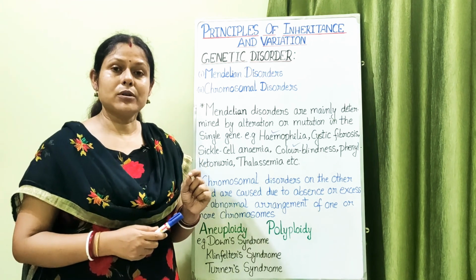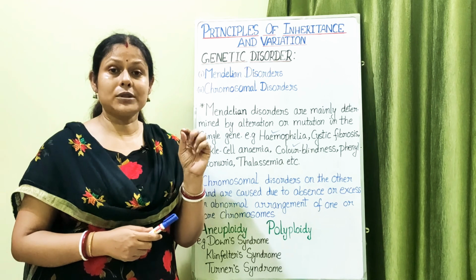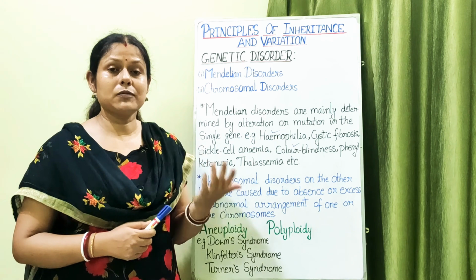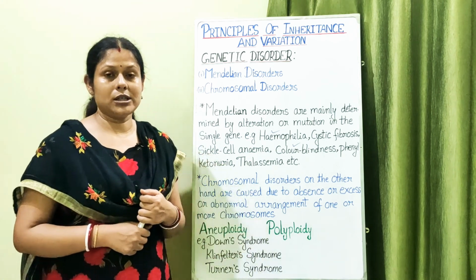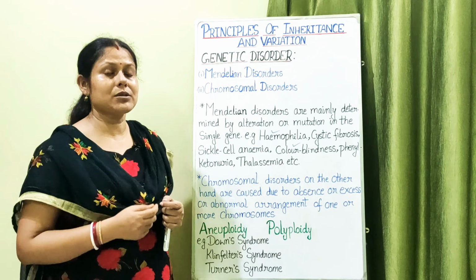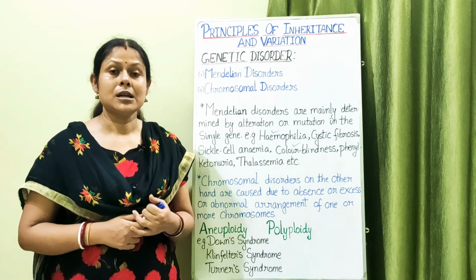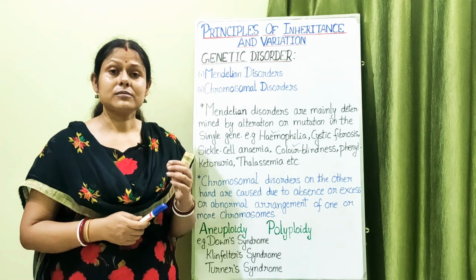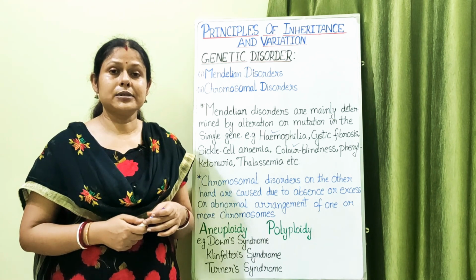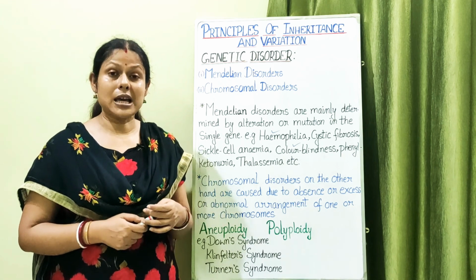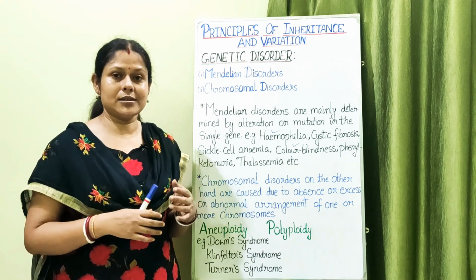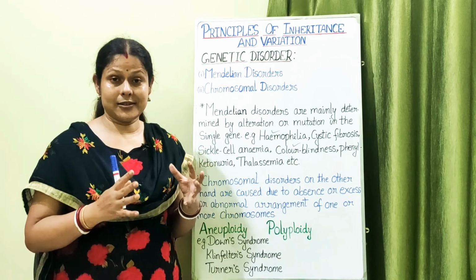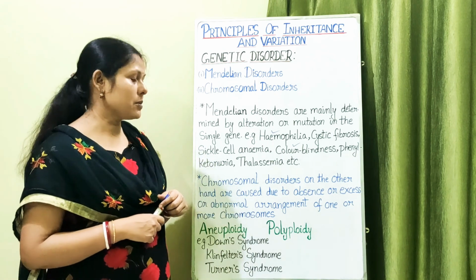It can also happen because of deletion of a segment of chromosome number 16, in which the genes responsible for the synthesis of the alpha chain are present. If that segment is deleted, it may also result in less synthesis of the alpha chain, and as a result the person suffers from anemia. The more both linked genes are affected, the greater the effect, so it is a quantitative effect. So that is the problem with thalassemia A.